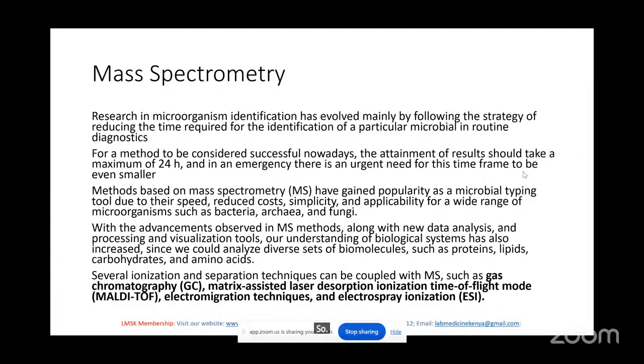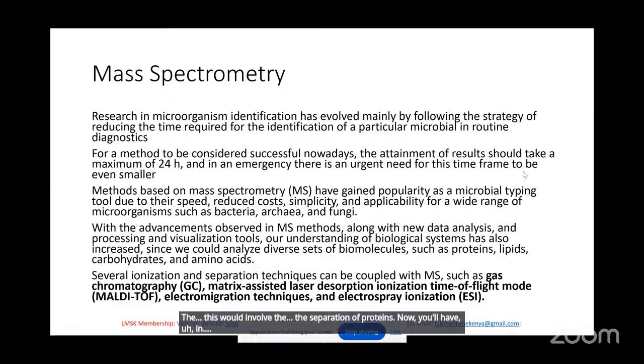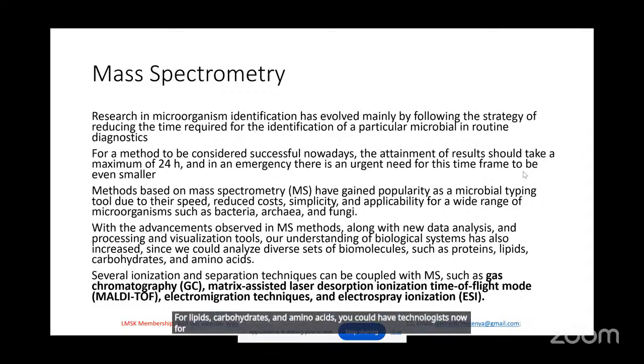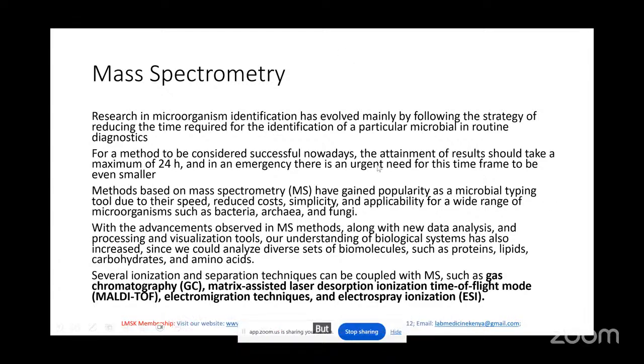For bacterial identification, this will involve the separation of proteins. For lipids, carbohydrates, and amino acids, you could have technologies that could replace your immunoassays and so forth. But for clinical microbiology, we're going to look at MALDI-TOF.